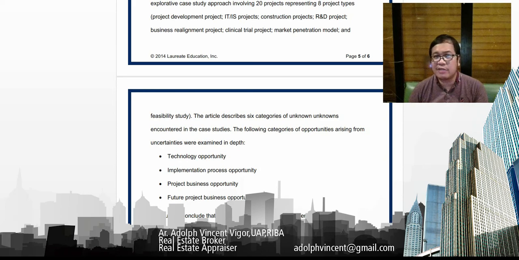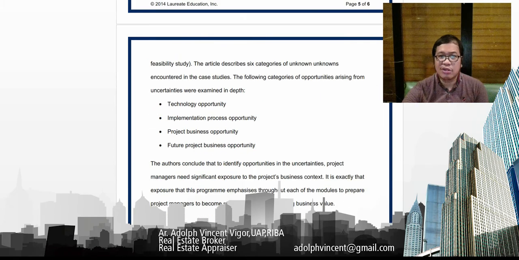The following categories of opportunities arising from uncertainties were examined in depth: technology opportunity, implementation process opportunity, project business opportunity, and future project business opportunity. The authors conclude that to identify opportunities and the uncertainties, project managers need significant exposure to the project's business context. It is exactly that exposure that this program emphasizes throughout each of the modules, to prepare project managers to become strategic players in providing business value.